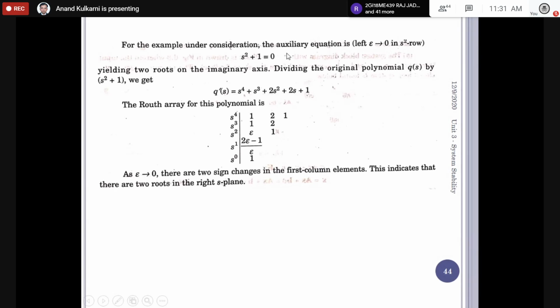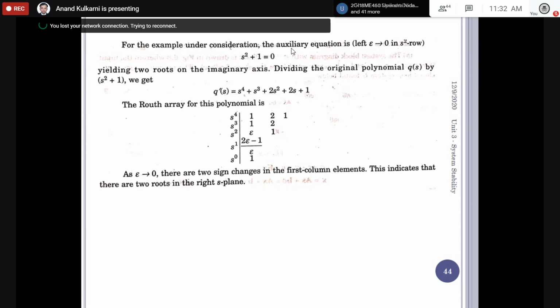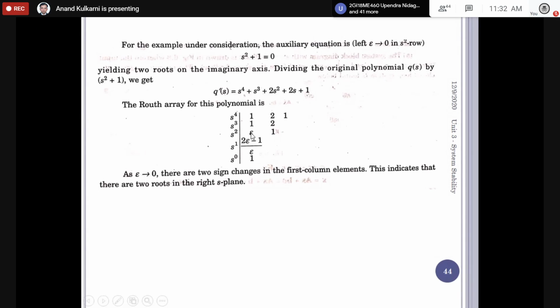s square plus 1 equal to 0 has 2 roots, 1 at plus j and 1 at minus j. They are on the j omega axis. They are not on the right hand side of the s plane. Positive, negative, positive, that means 2 sign changes are there.